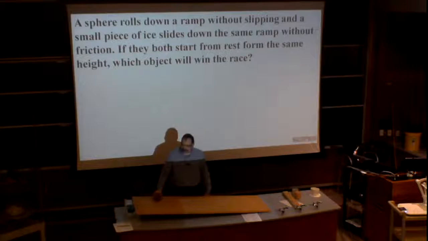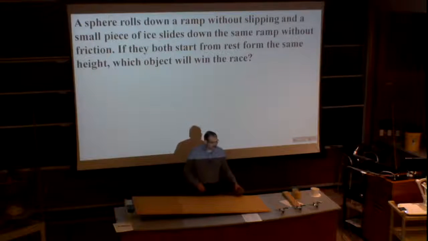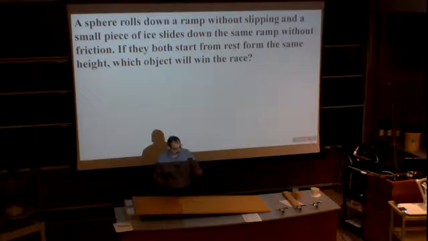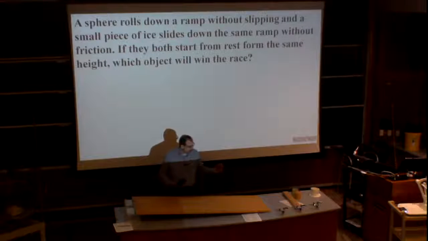It would just slide. It couldn't be spun. Friction is needed to make it spin. So without friction at all, there wouldn't be any difference between a piece of ice or any sphere or cylinder. Friction makes that difference because it also wants to make it spin.